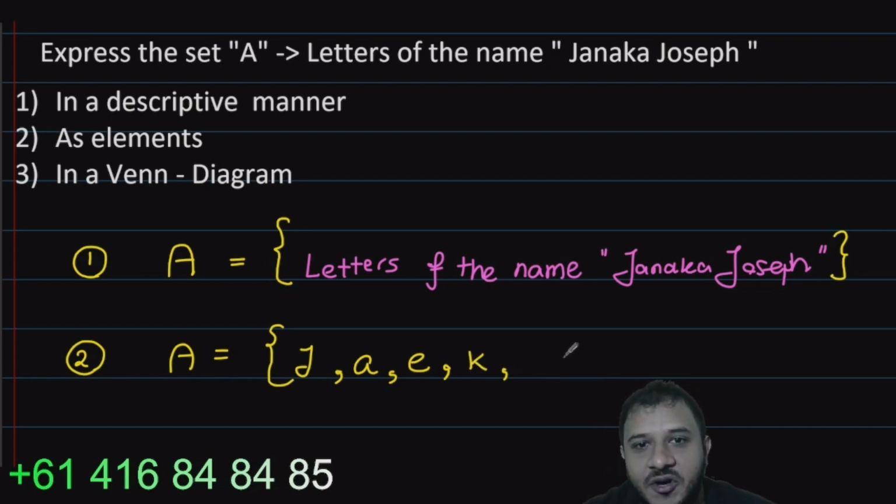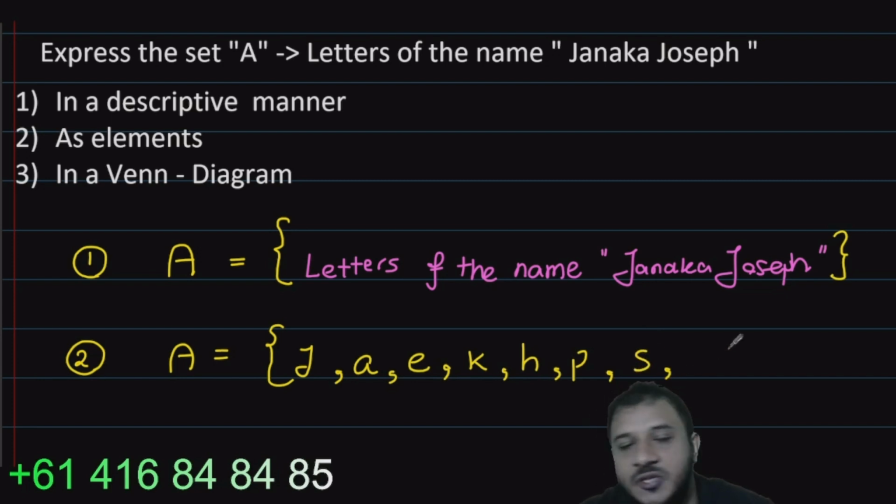Any other letters? H, H is there. P is there. Okay. Any other letters? S, S is there. O, O is there. Anything else? N is there. Janaka, N is there. Any other thing? No, that's it.